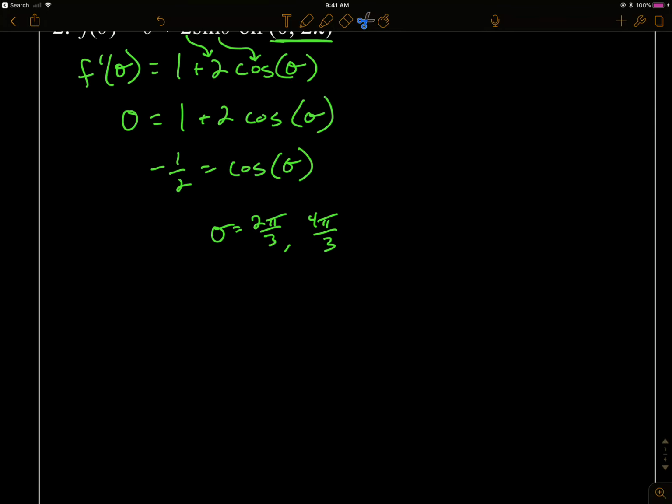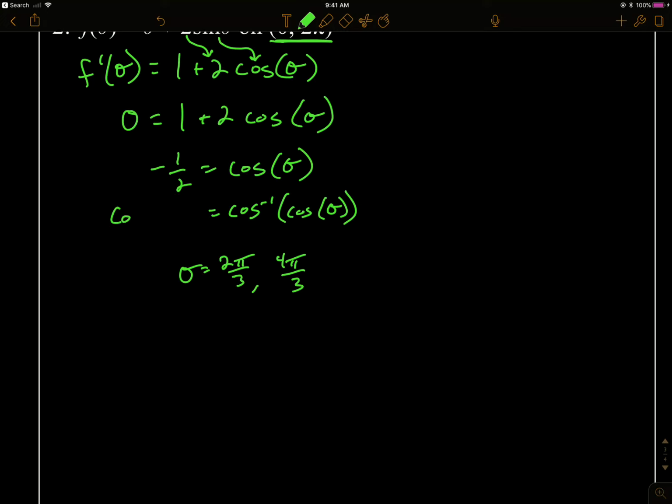That's just thinking through the problem. If you're going to use your calculator, you can inverse cosine both sides. That's how you solve when theta is inside of a cosine. So the inverse cosine of cosine, they cancel each other out because they're inverse operations.